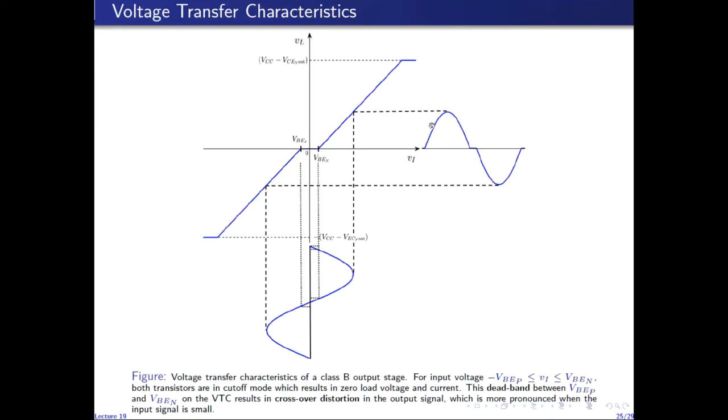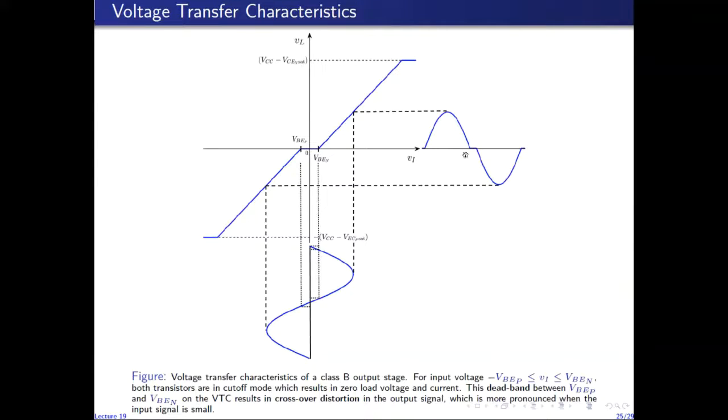So we get an output waveform which resembles the input waveform, but is smaller in peak and has regions of zero conduction. So this is obviously not a sine wave because of these regions of zero conduction due to the dead band. This distortion in the output signal is called the crossover distortion.